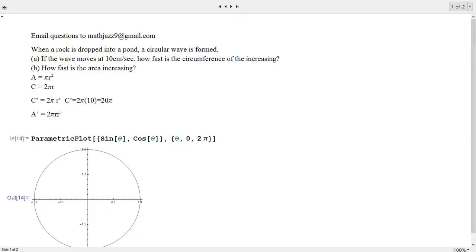So for us, A prime is equal to 2 pi r times 10, which is going to be 20 pi r. And if we were asked, say, how fast is the area increasing when the radius is 5, then we could plug in 5 for the radius and get 100 pi.